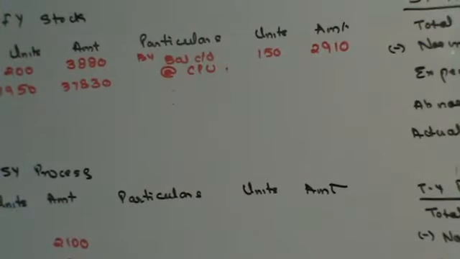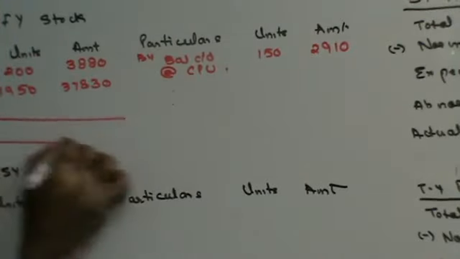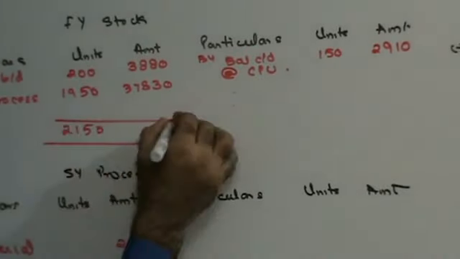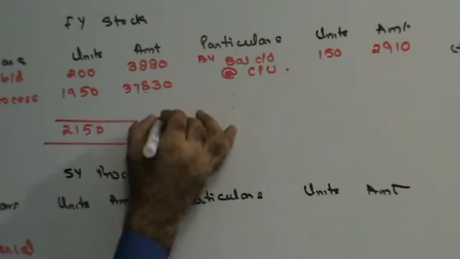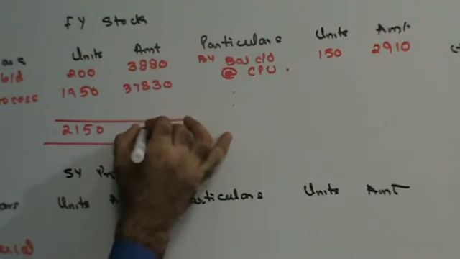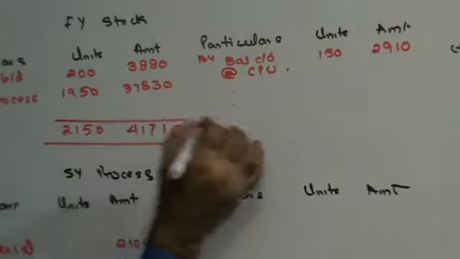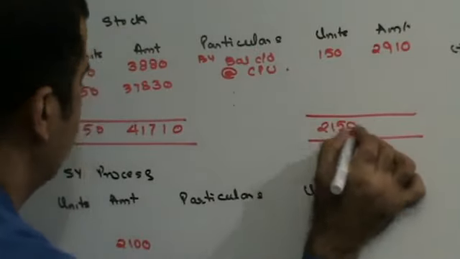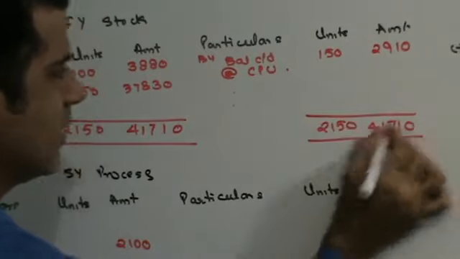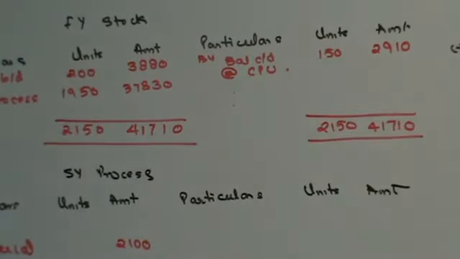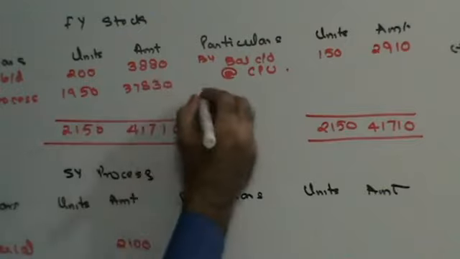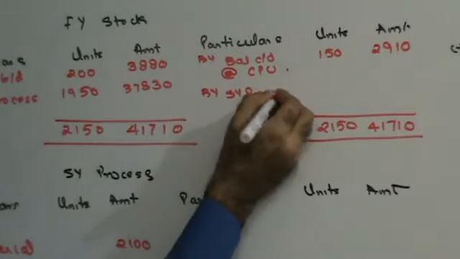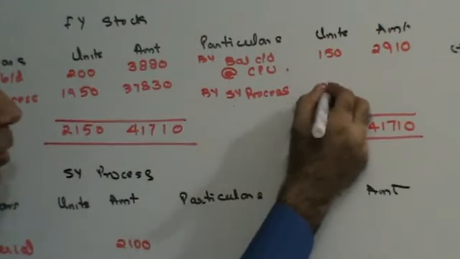Fine? Now, tally. 2150 and 41710. Fine, you get this? Now, the difference will be called as by SY process. So this difference is going to be 2000.